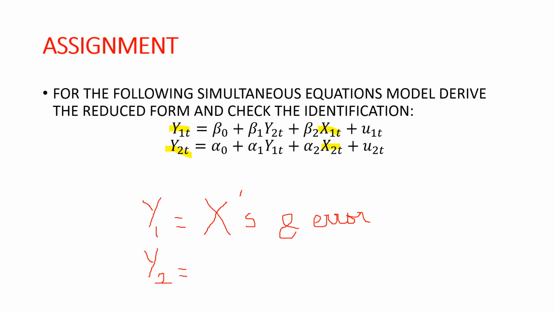So you will put y1 and y2 in functions including only the exogenous variables x1 and x2 and the error term. And this will be your reduced form equation.